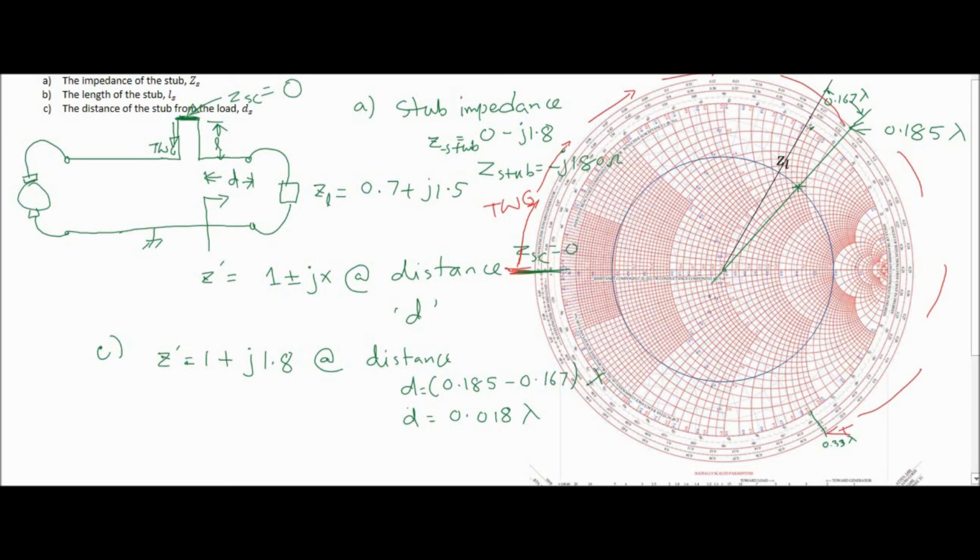This is the stub length, LS. This point is 0 and this is 0.33, so you can write 0.33 lambda. If lambda is known, you can multiply the length and the distance by lambda and find the value in meters.